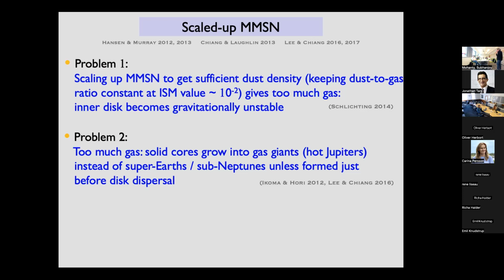The interior becomes gravitationally unstable. Okay. The other bit is that if you also have too much gas, instead of forming super Earths and sub-Neptunes, you form giants, gas giants like Jupiter. Okay, neither of those two things are true.